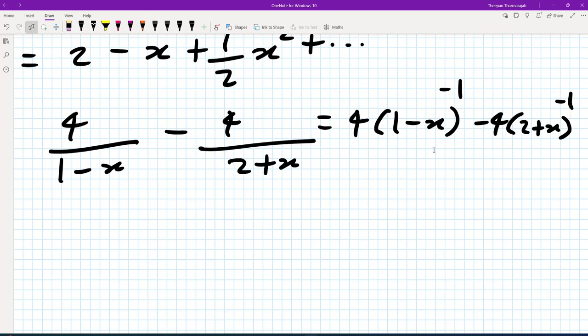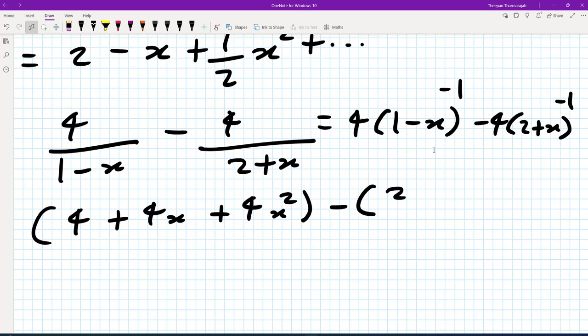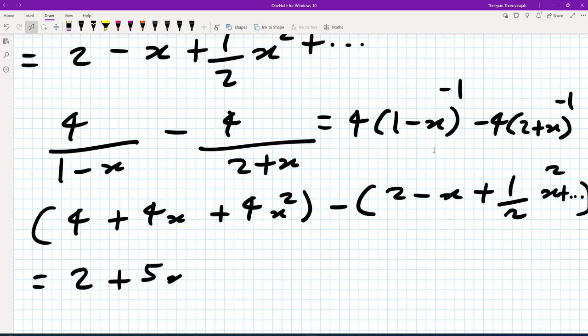So we want to combine this, so it's going to be what we had previously, 4 plus 4x plus 4x squared, minus what we just found out, 2 minus x plus a half x squared, plus other subsequent terms. So that ends up with 2 plus 5x plus 7x squared over 2 plus other subsequent terms in our series.